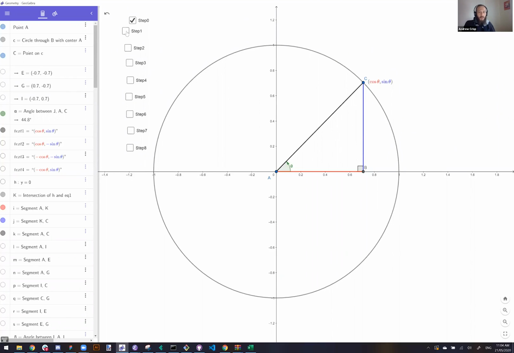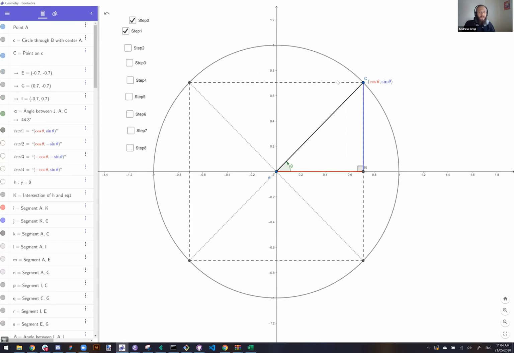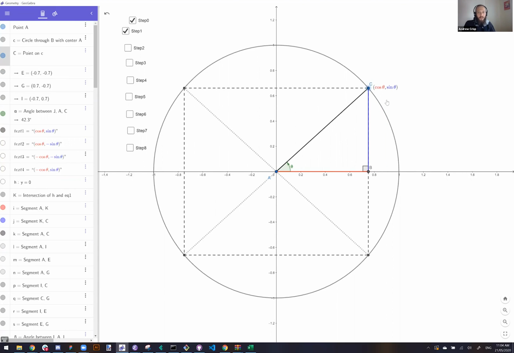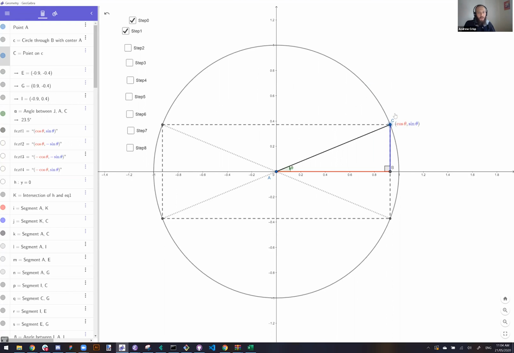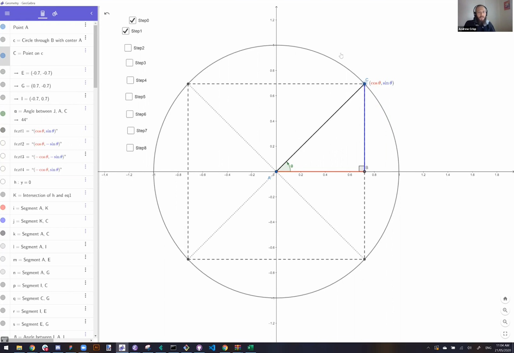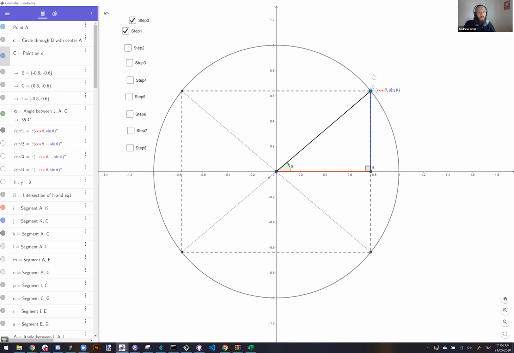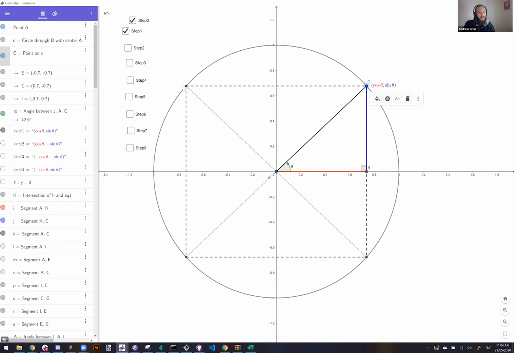The first thing I'm going to do is draw this rectangle. What is this rectangle? Where does it come about? Well, think about, as I move the point around the circle, how each of the other points are found. So let's start by thinking about this point. Well, this line is always horizontal.